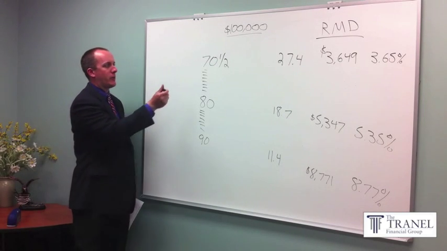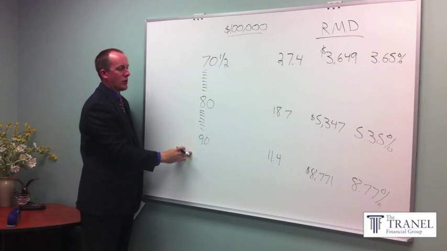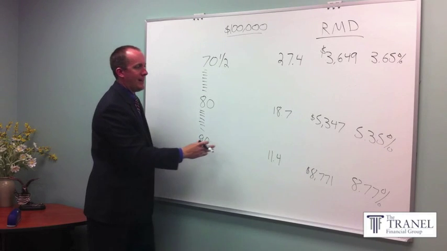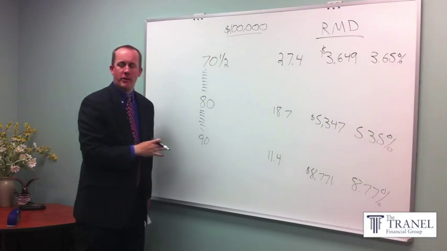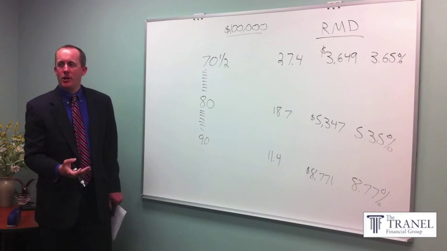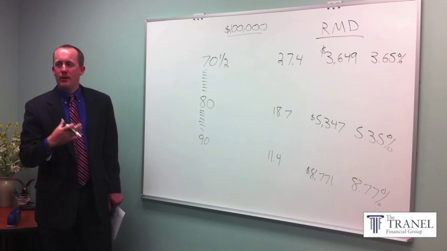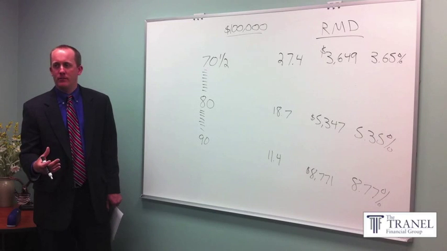So it's very difficult to get more conservative and earn more money while getting more conservative. And that's the conundrum that you're helping your clients plan around.